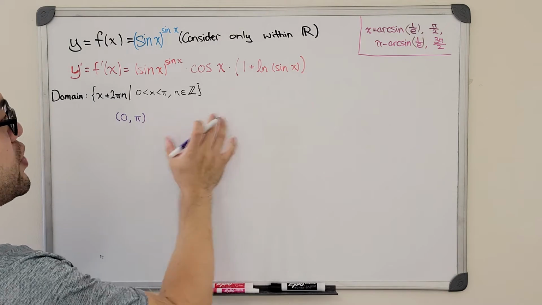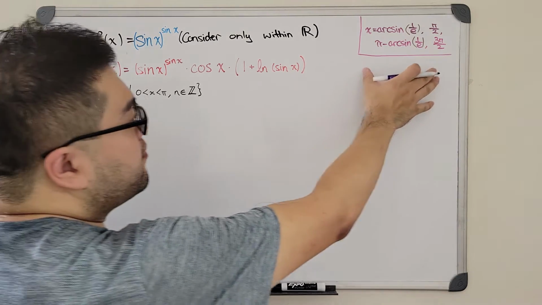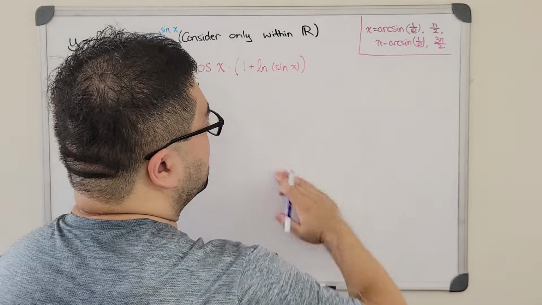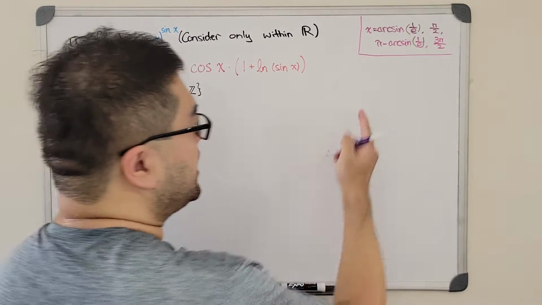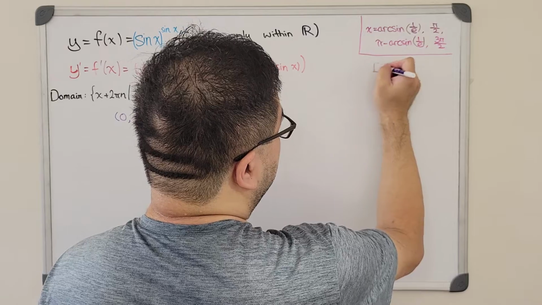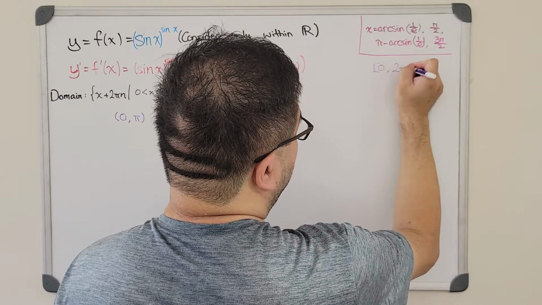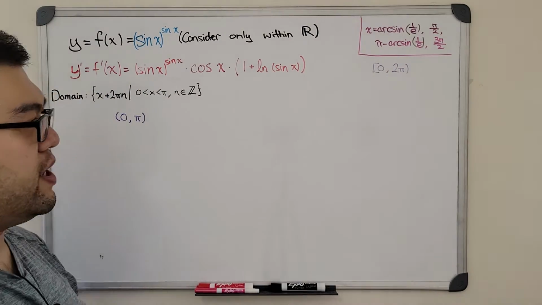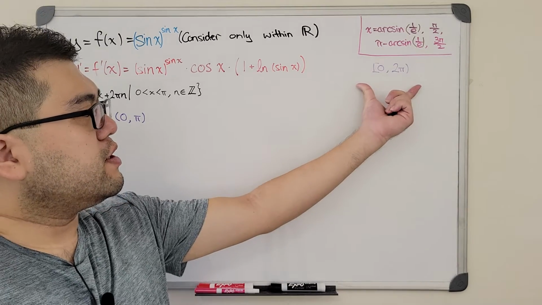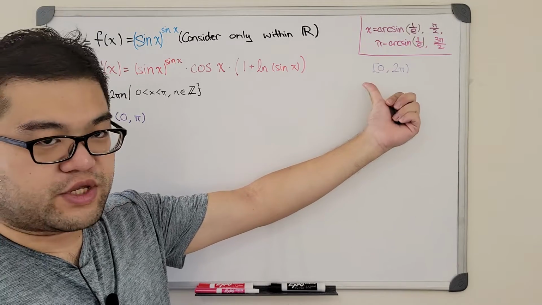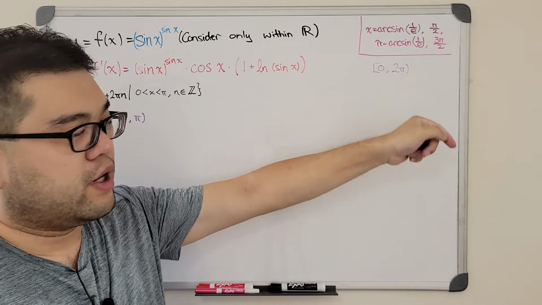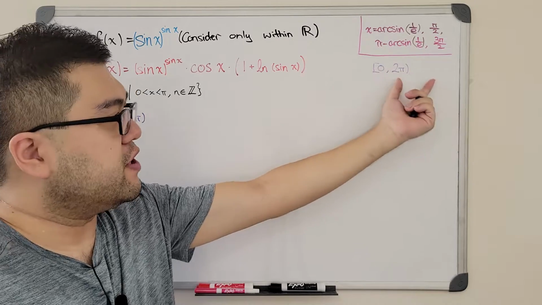So we only consider the period of the sine function here, which is from 0 to 2 pi, and in this case we can make it a semi-open interval. Choose one side to be open and one side to be closed so that we don't get repeats as we shift the interval.